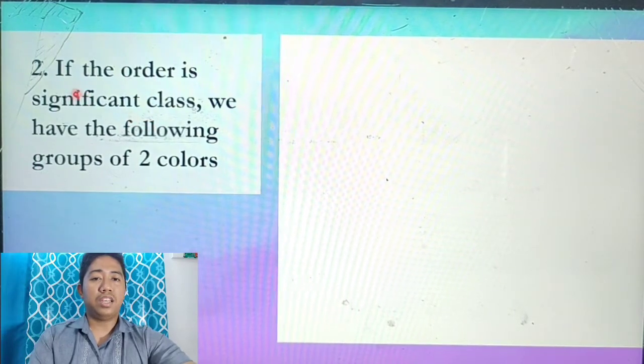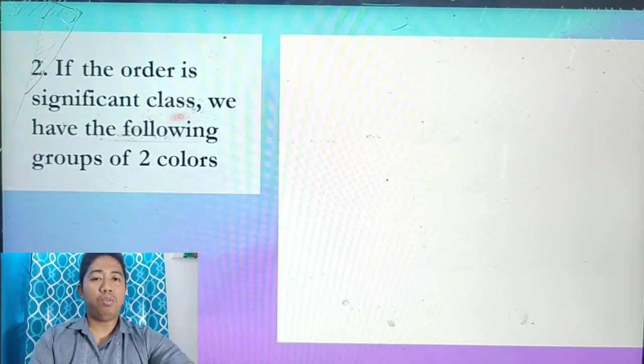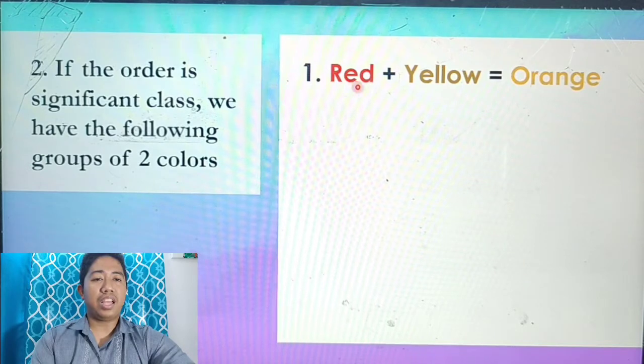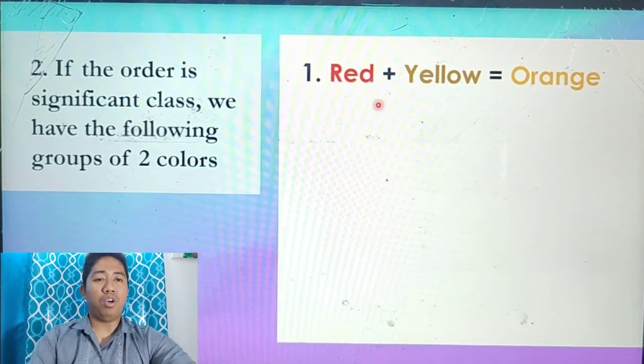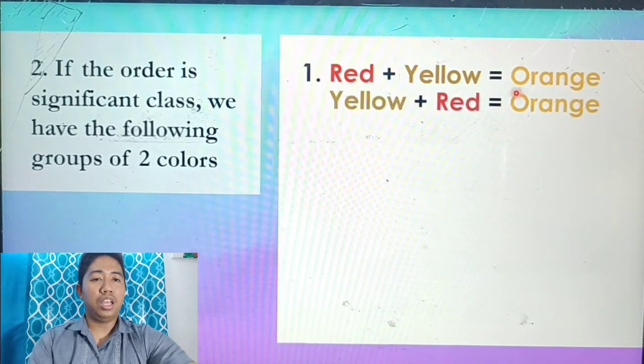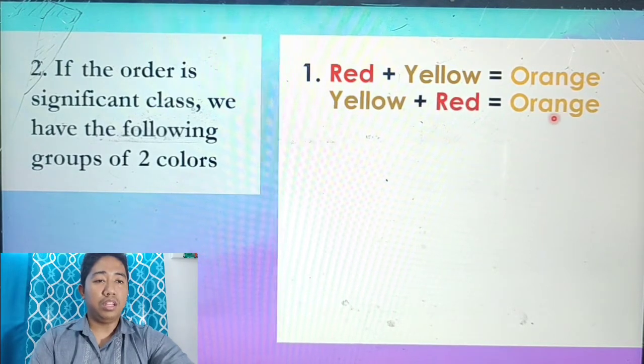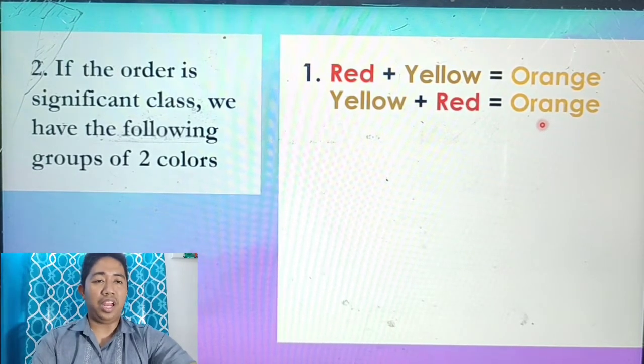Next, if the order is not significant, class, we have the following groups of 2 colors. First, red and yellow, and we combine them together. Red plus yellow becomes orange. It is still the same with yellow added to red: the result is still the color orange.